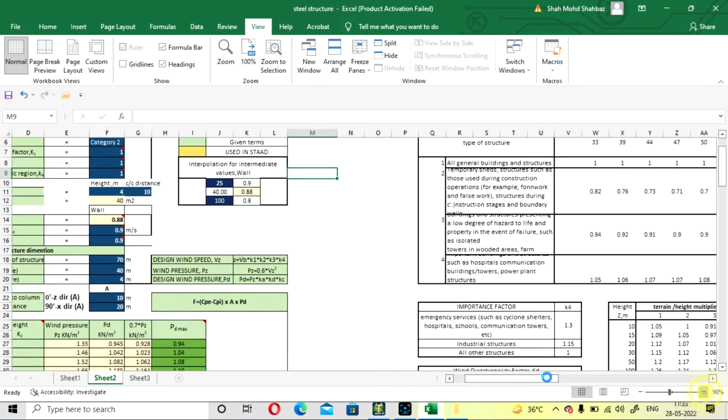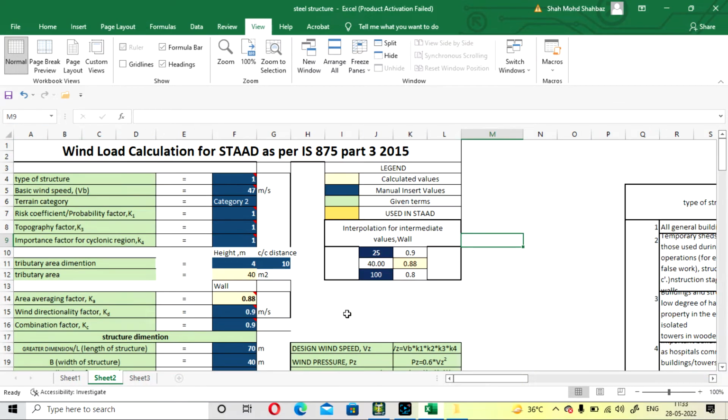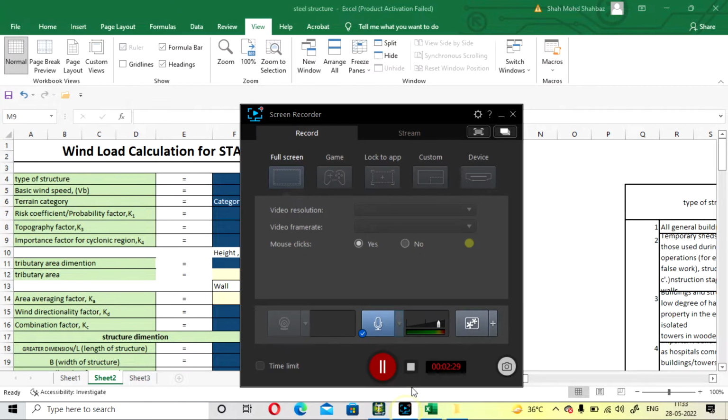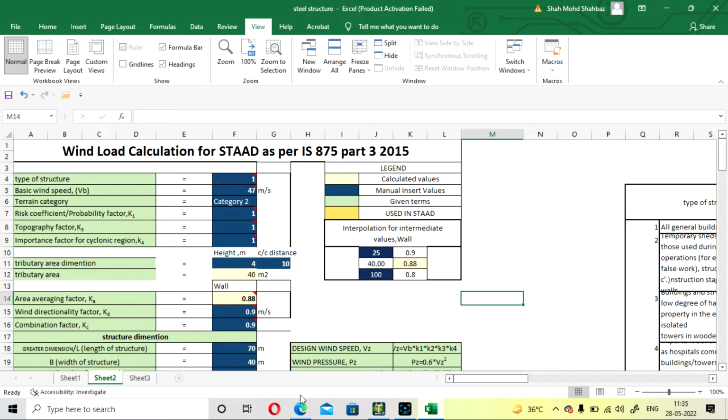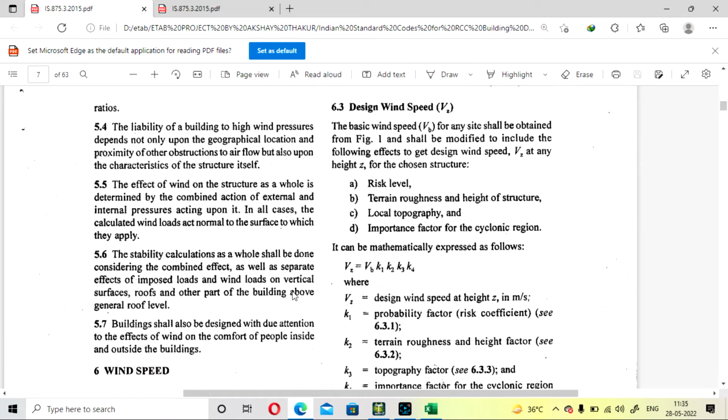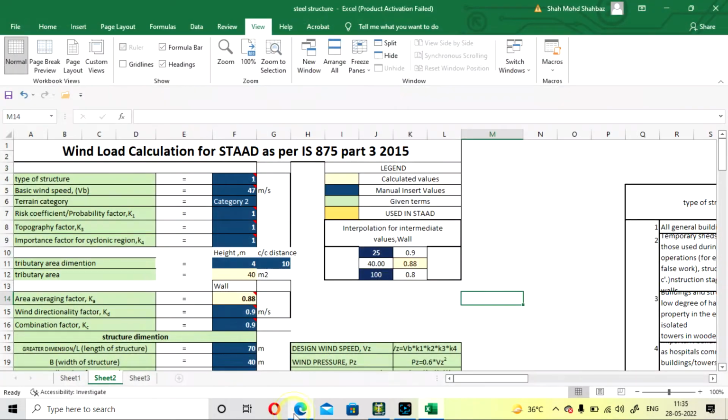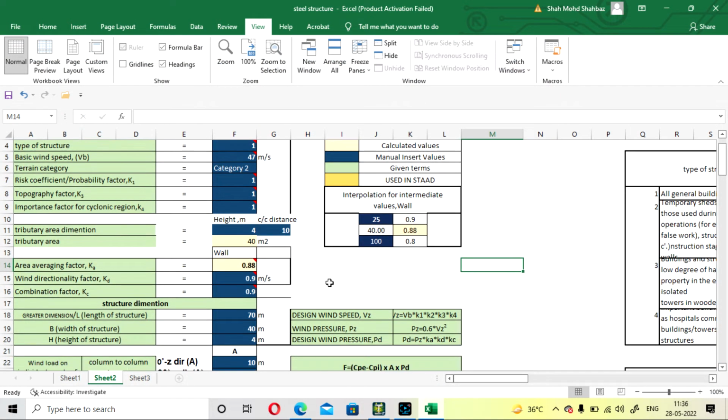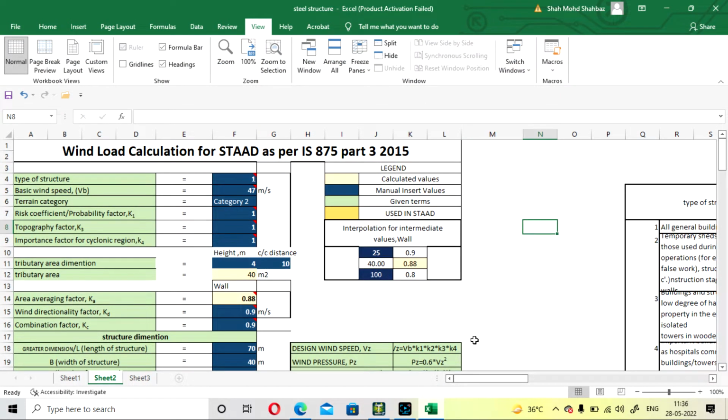Okay, so here first we have to open the Excel IS code. So this will be the code we are using, IS 875 part 3 2015.